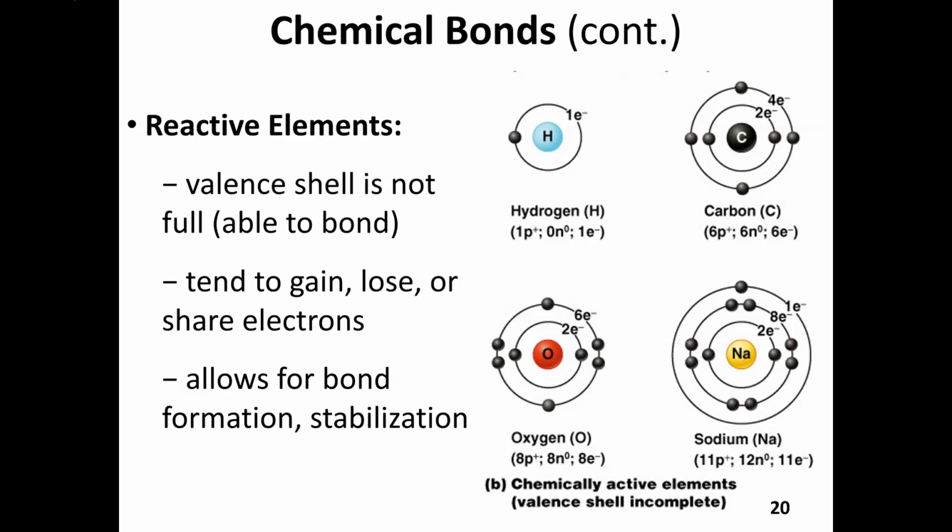Oxygen has 6 electrons in its outer shell, so it wants to gain 2 electrons. Sodium has 1 electron in its outer shell, so it either wants to gain 7 or lose 1 electron. So all of these atoms are going to enter into chemical reactions so that they can then have a full outer shell.